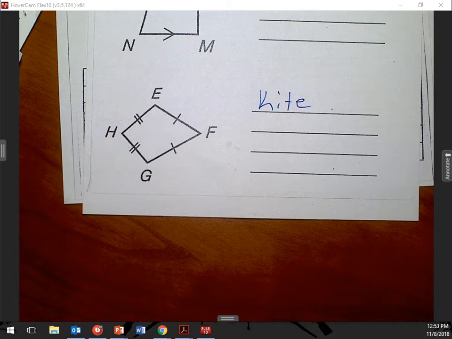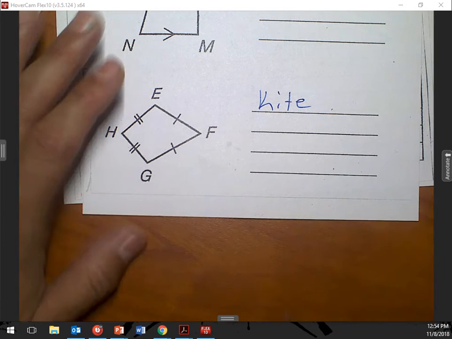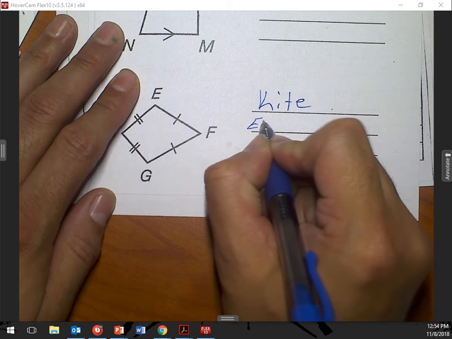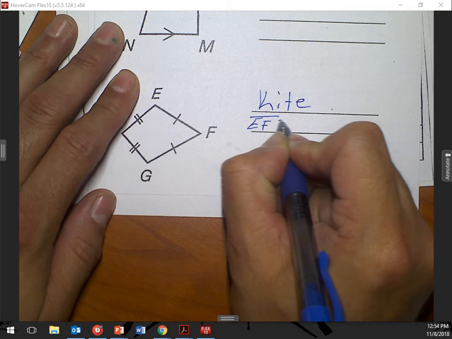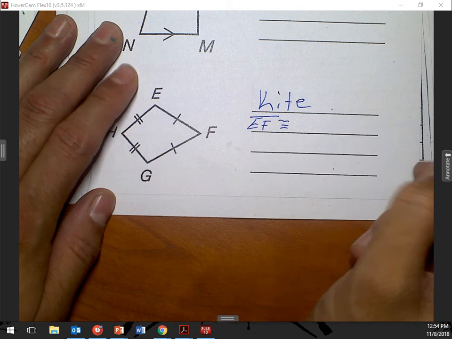All right. So, what is the first thing I'm going to say about this kite? It has 2 pairs of consecutive sides congruent. Now, listen. What are my consecutive sides here? EF. So we're going to say EF is congruent to FG.